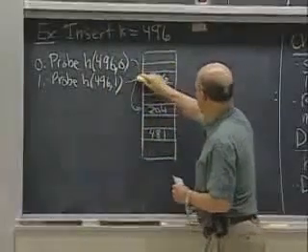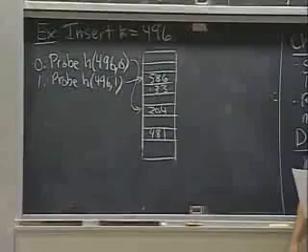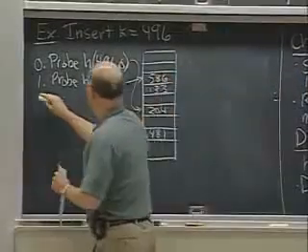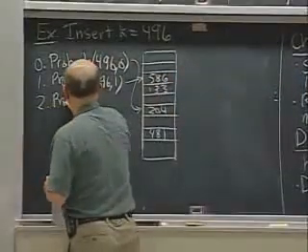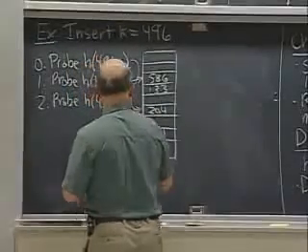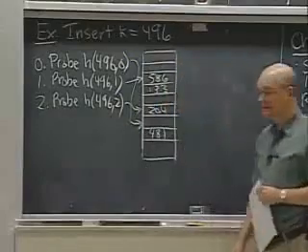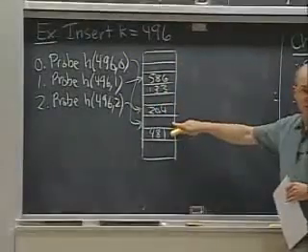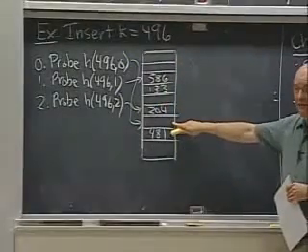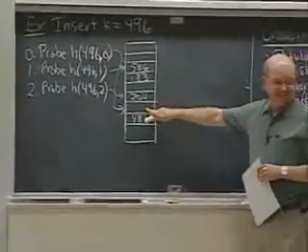Maybe that maps me there, and I discover there's something there. So now I probe h of 496, comma 2. And maybe that takes me to there. It's empty. So if I'm doing a search, I report nil. If I'm doing an insert, I put it there.